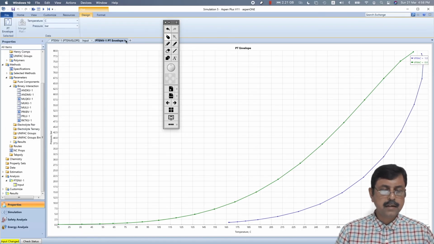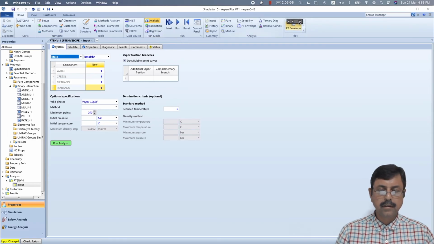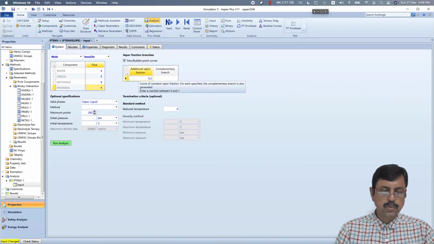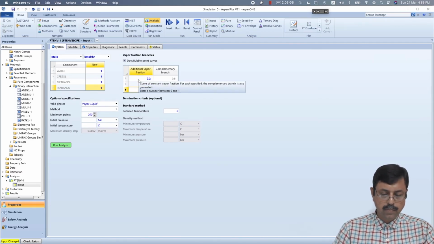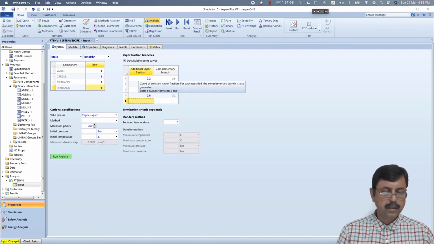For that, let us add additional vapor fraction line at say 0.2, 0.4, 0.6 and 0.8. So run the analysis once again.